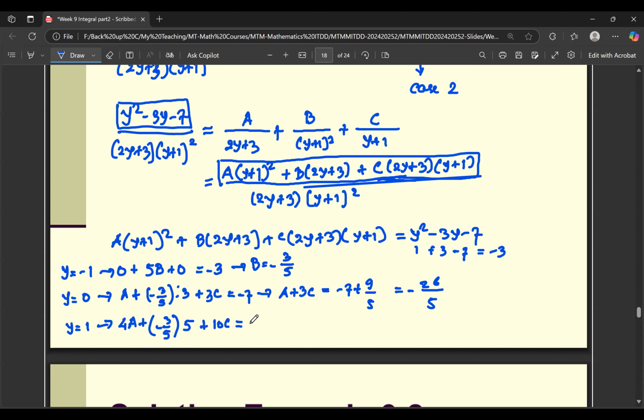And then this is 1. 1 will be minus 9. And for A, plus 10C, we will have minus 9 plus 3. Plus 3, we have minus 6. Hmm. I hope I don't make a mistake.